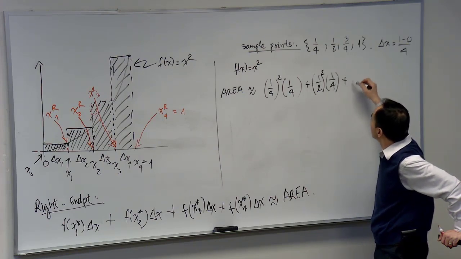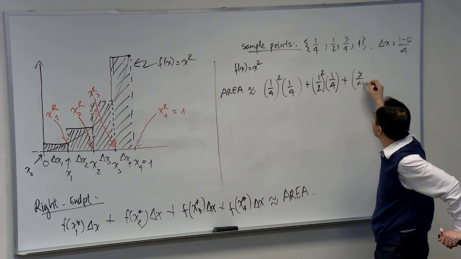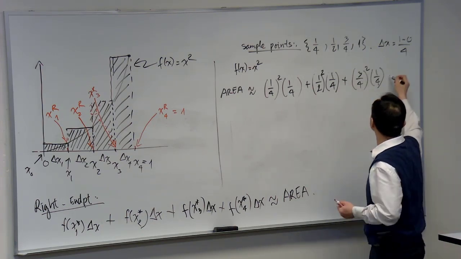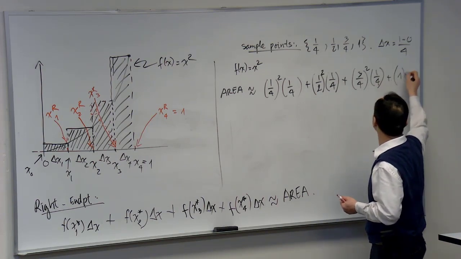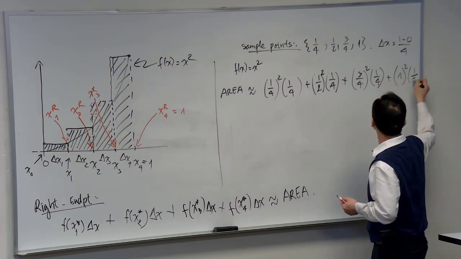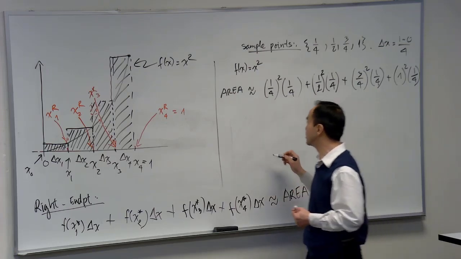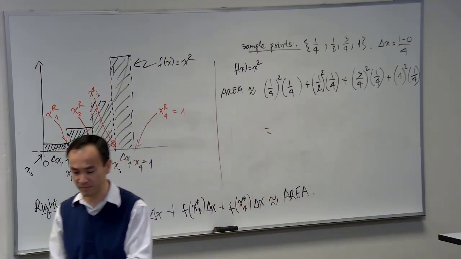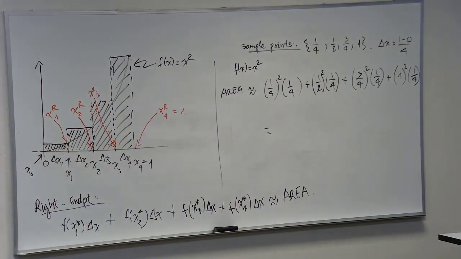The third one is 3/4 squared multiplied with 1/4. And the last one is 1 squared multiplied with 1/4. So go ahead and use your calculator. Get me fractions first, and then at the end give me decimals. Go ahead, take your time.